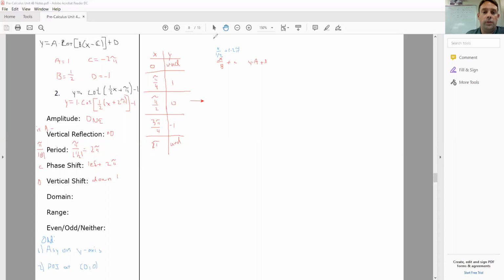So in other words, this is going to be 2x minus 2 pi. Our a value is 1, so y times 1. And then I'm going to subtract 1 from it, so plus a -1. So y minus 1. So that's going to be our transformation rules that we're going to follow here.